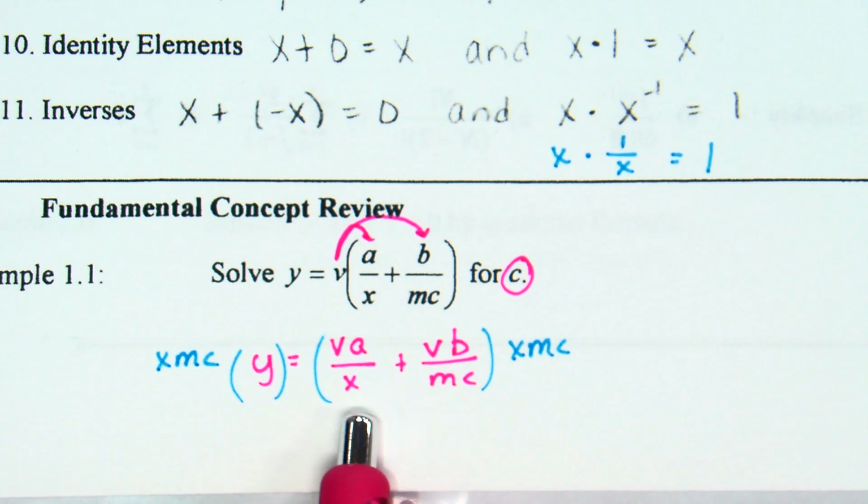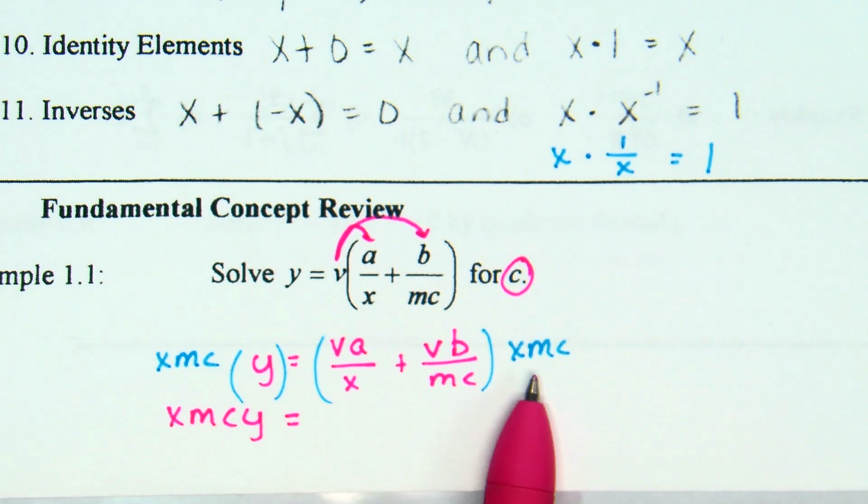On the left, what is xmc times y? Yxmc, I was going to say xmcy. Some combination of those four pieces put together, correct? Okay, va over x times xmc. What happens there?